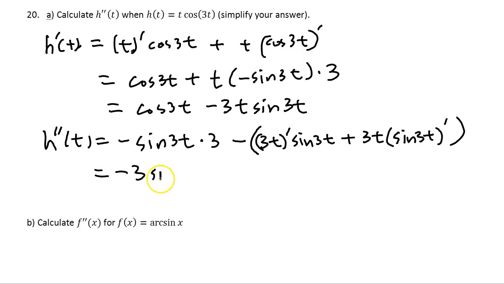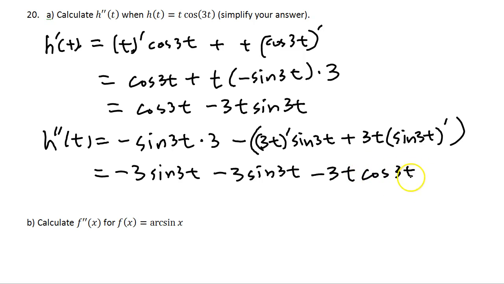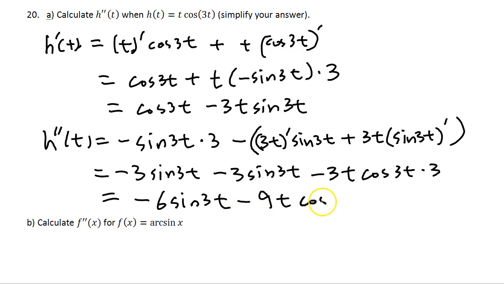That's negative 3 sine 3t, and then minus 3 sine 3t minus 3t. Sine differentiates to cosine 3t, and 3 comes out because of the chain rule. Because the question said simplify your answer, we really need to simplify. These two are like terms, so negative 3 plus negative 3 is negative 6 sine 3t. 3 times 3 is 9, so it's minus 9t cosine 3t.